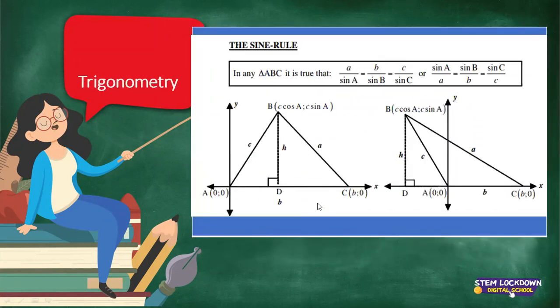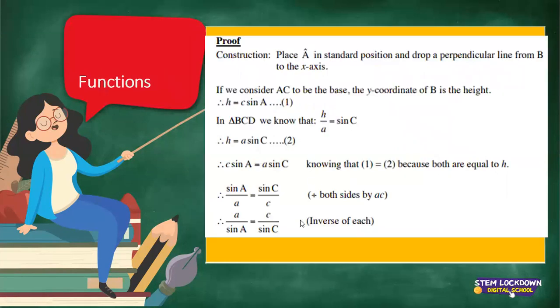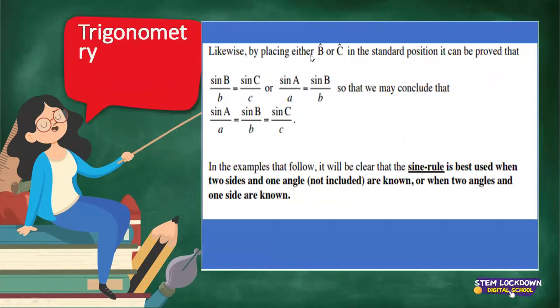If you rearrange the labeling, maybe you put here B, here A, and here C. You'll find that by placing either B or C in the standard position, that means at the origin, it can be proved that sine B over B equals sine C over C, or sine A over A equals sine B over B. By following the same process, we'll be able to prove that.